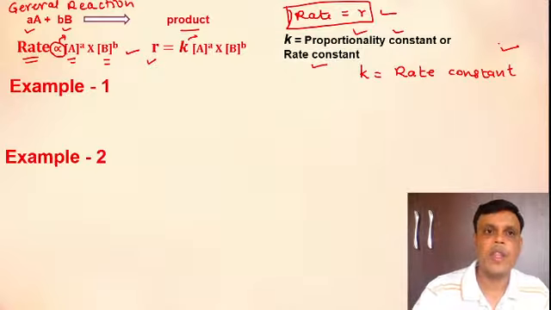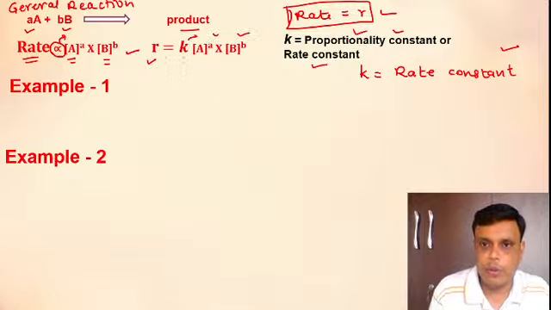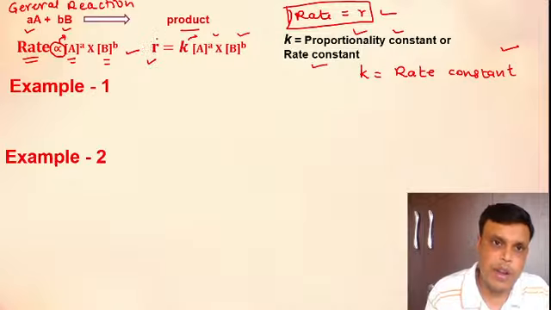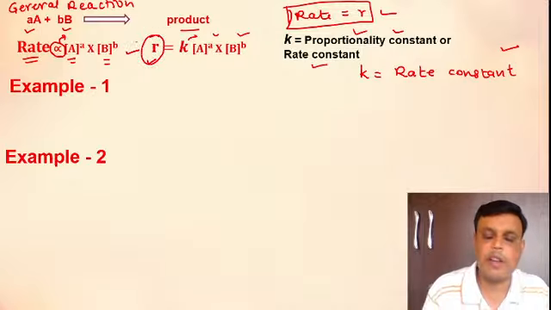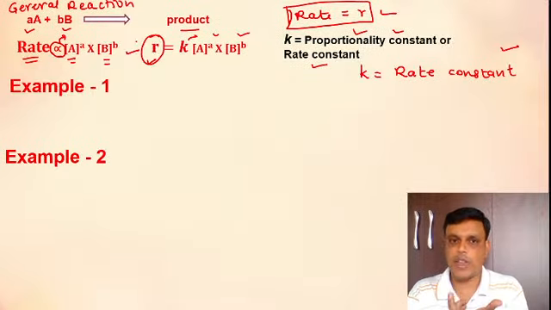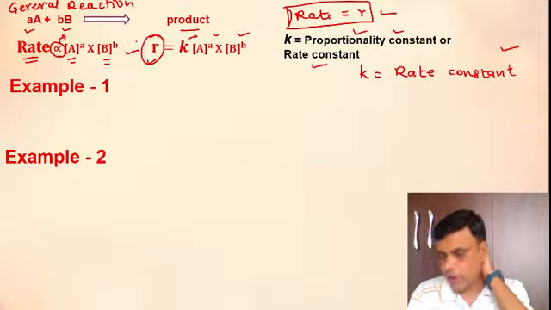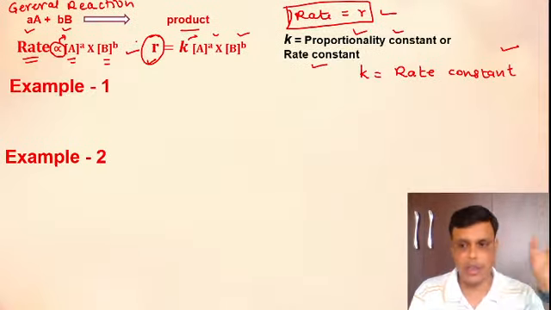Now if you know the molar concentration of A and the molar concentration of B at a time t, and you know the rate constant, then you can find out the rate of reaction. You can find out the rate of any chemical reaction.